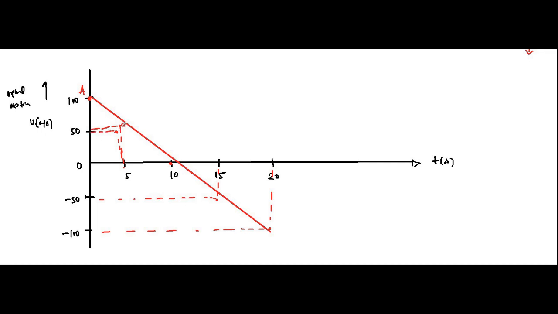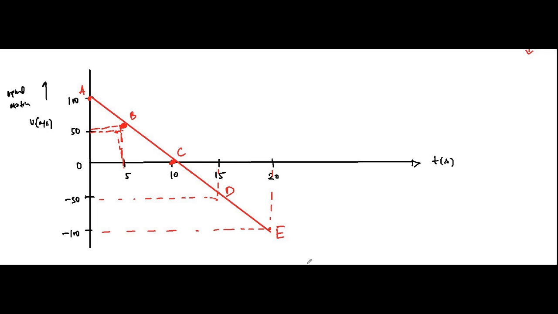I have not drawn it to scale, so that's why it is like this. So this will be the first point, A, B, C, D and E. See, this 0 to 5 and 5 to 10, they are not equally spaced. So it will be like this, like this.